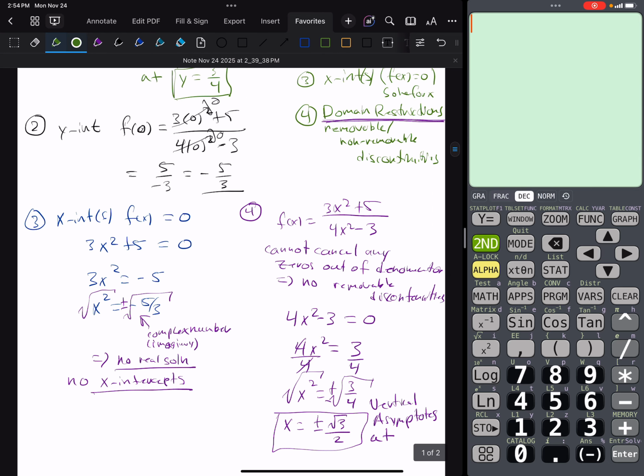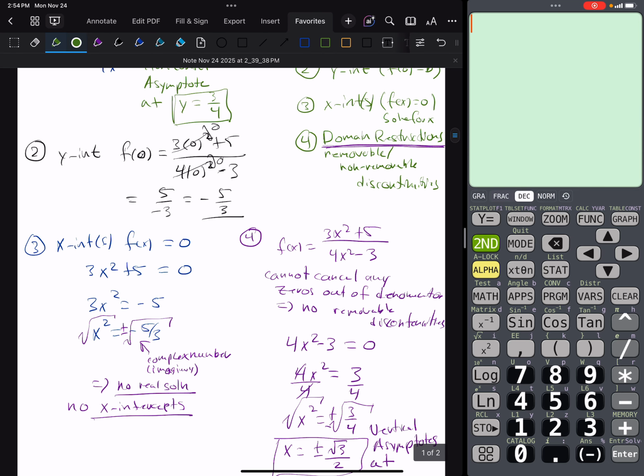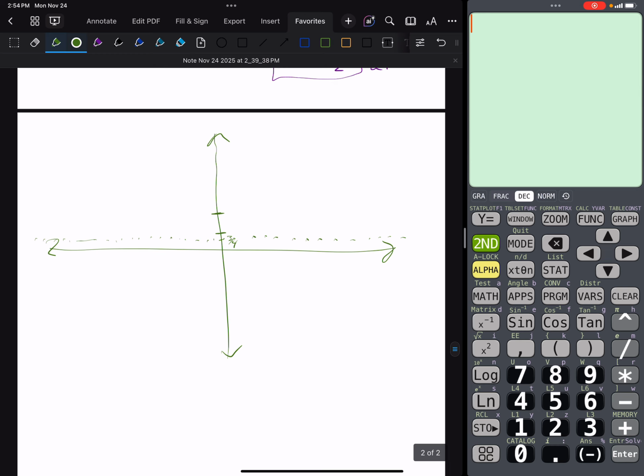There, my y-intercept was -5/3. And so if I put in a 1, 2, -5/3 is going to be almost -2, right? So that's where I'm going to hit the y-axis.